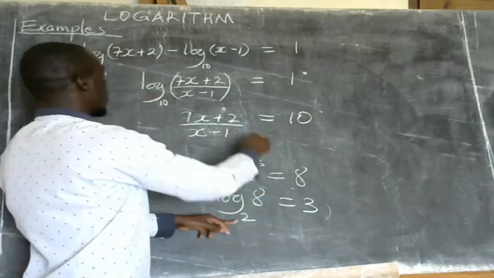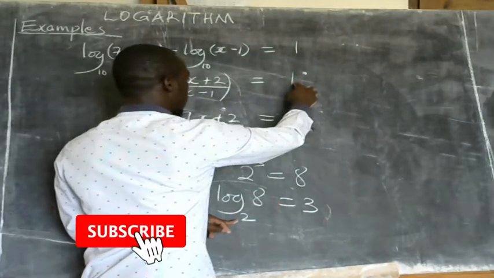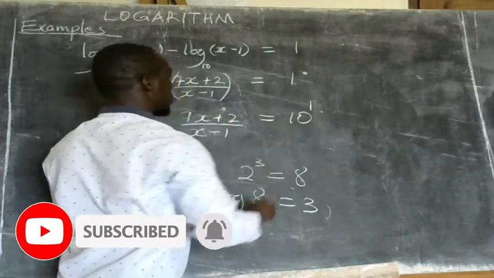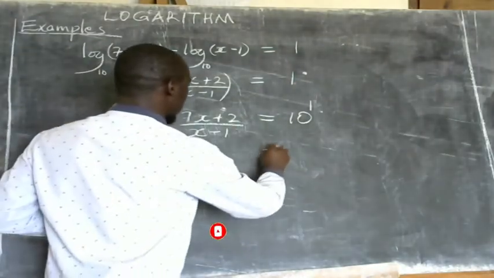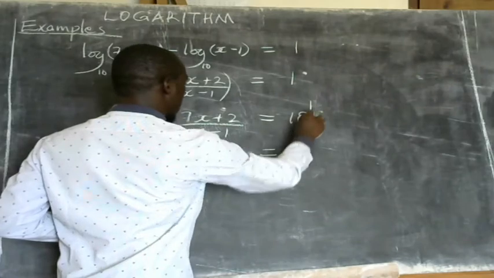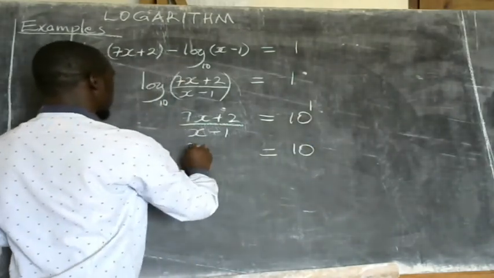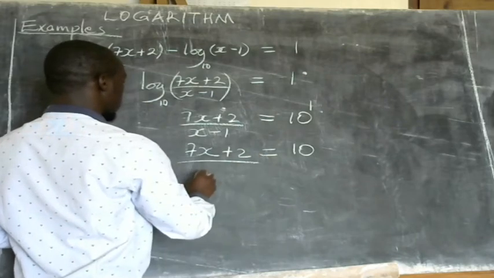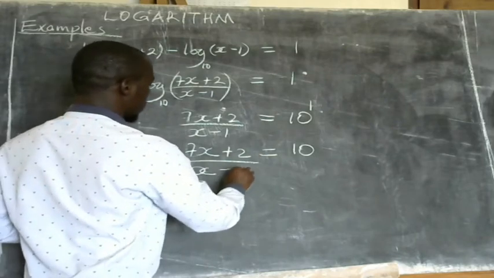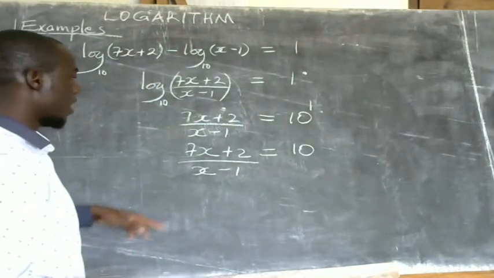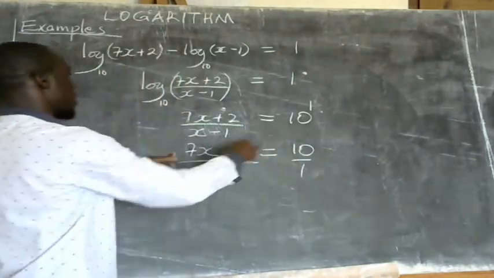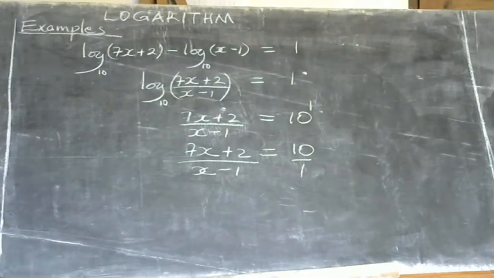So this is the number, then I raise the base to it. So 10 power 1, which is 10, is equal to 7x plus 2 divided by x minus 1. And to go back to the previous step, here you cross multiply and then you continue.